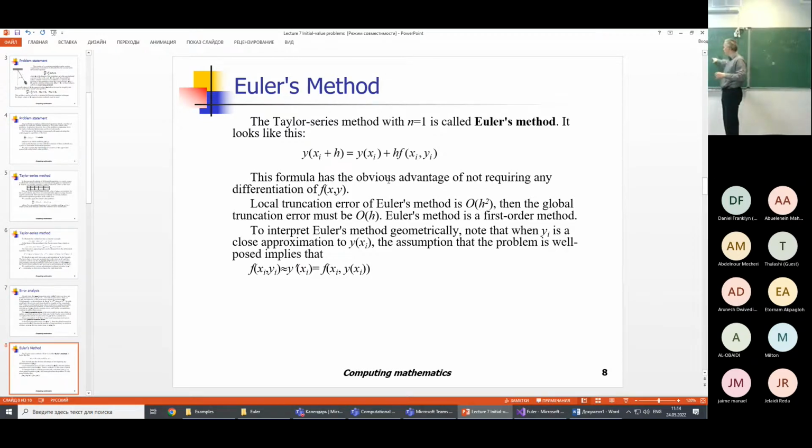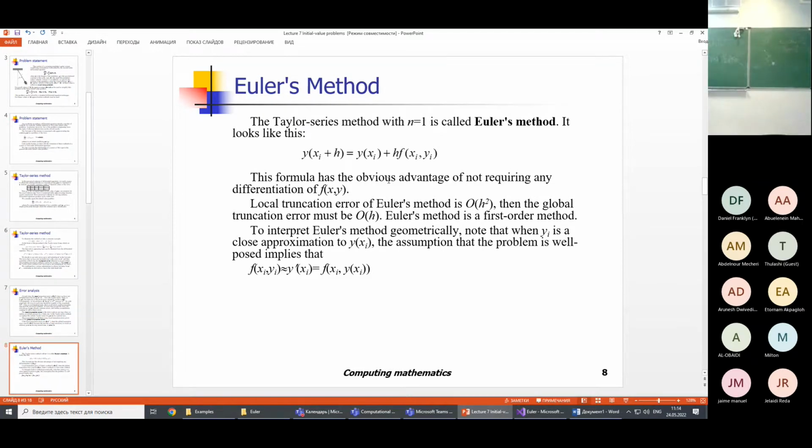is written y prime of xi. But what is y prime? We know y prime from the differential equation. y prime is the right-hand side of the differential equation.